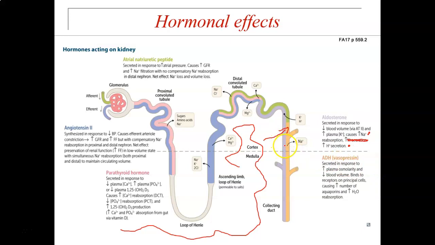If sodium leaves the tubule, again here it's drawn the other way, doesn't matter. Here, sodium leaves the tubule because it's an antiporter process. We have to kick out a hydrogen, meaning we have to secrete a hydrogen, so hydrogen levels are going to drop.